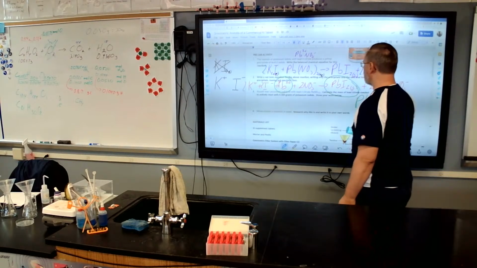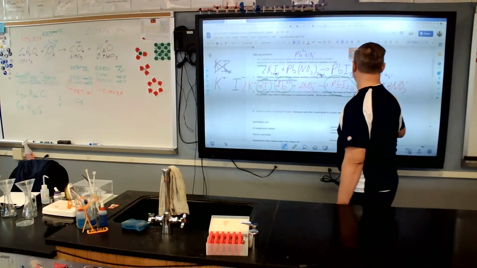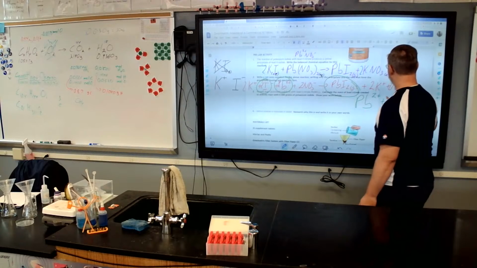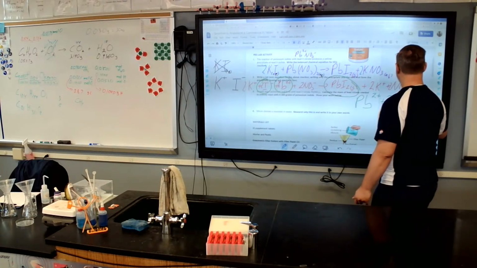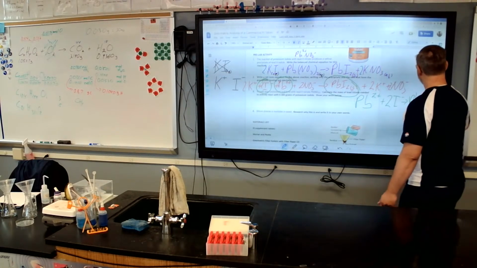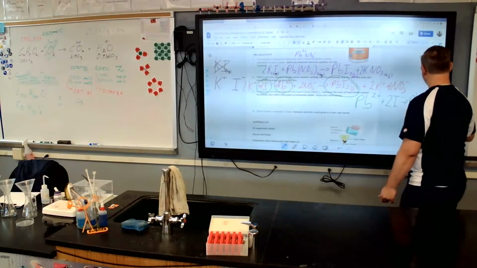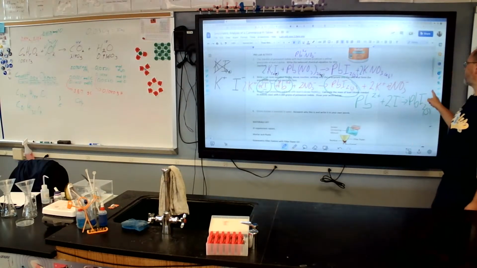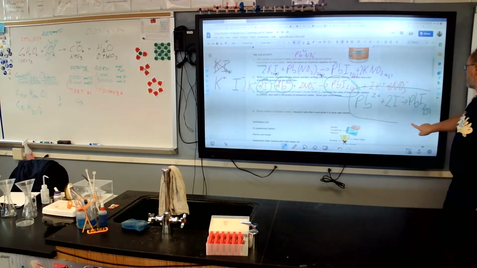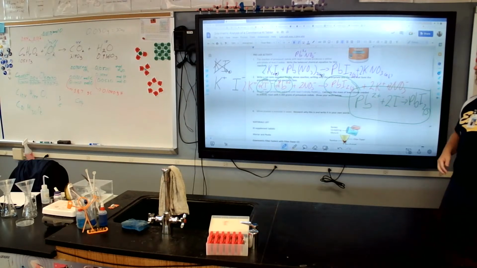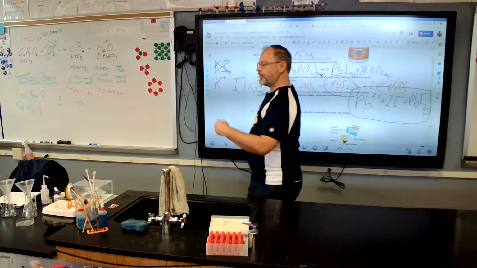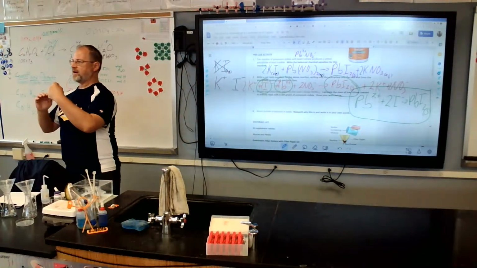Becomes Pb2+ plus 2I- makes PbI2, don't forget the solid at the end. This is the net ionic equation. It is the equation that produces the precipitate and nothing else.